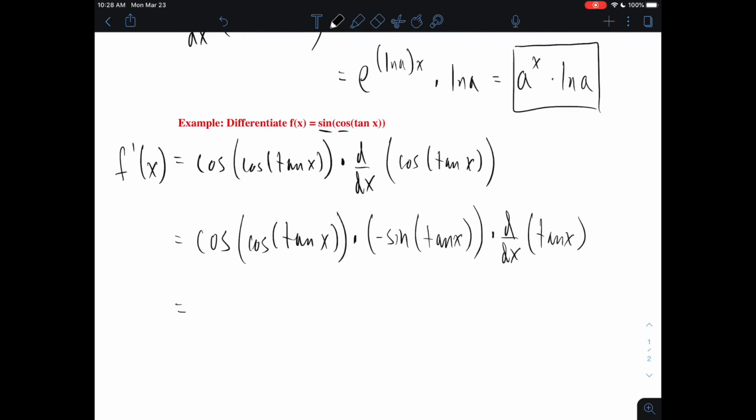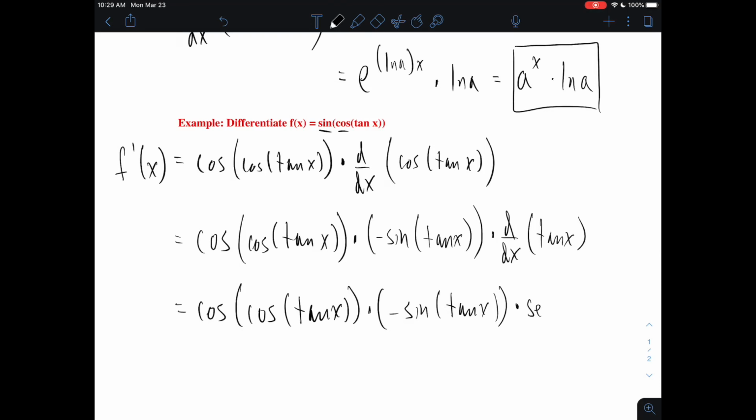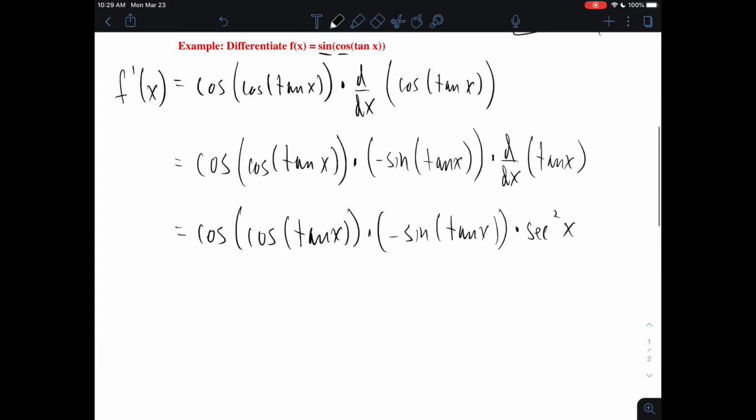And then putting this all together, cosine of tangent x times, this is negative sine of tangent x, and then the derivative with respect to x of tangent x is secant squared x. And there really isn't much to do at this point to simplify, except maybe we could bring the negative out to the front and just reduce the number of parentheses we have.